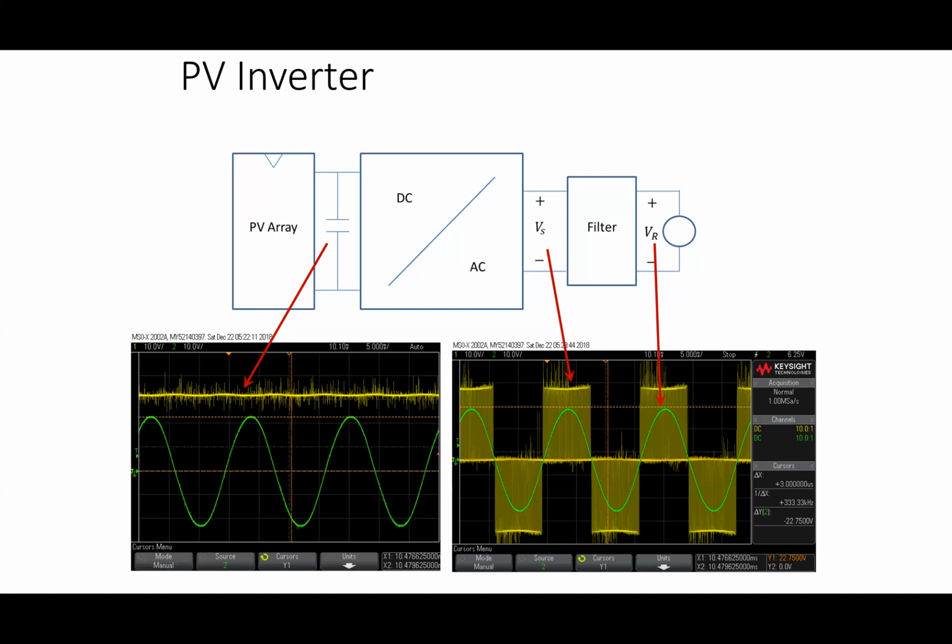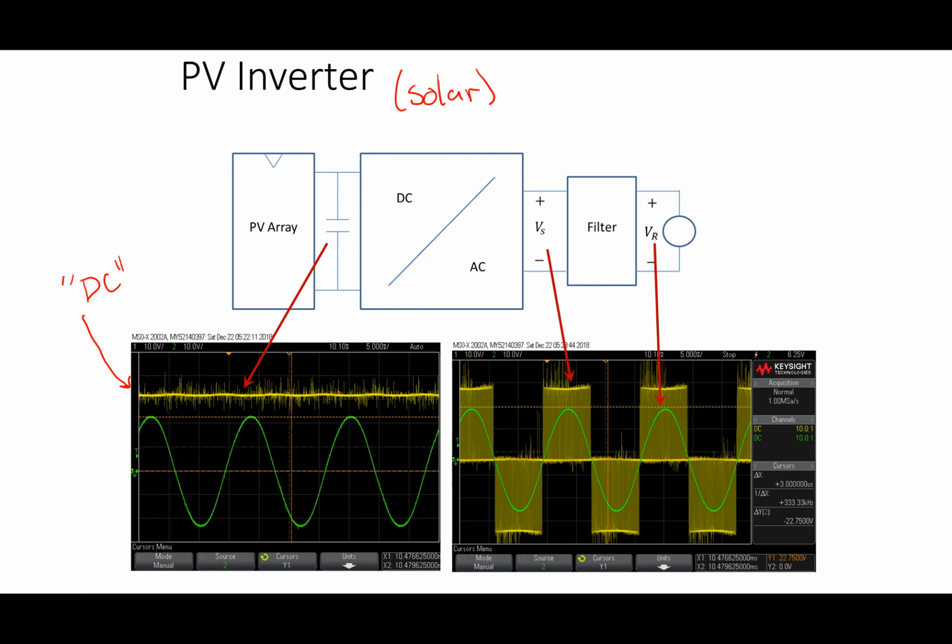In the case of power, this is an example I gave: a photovoltaic array. This is solar, right? The type of circuit you deal with is an inverter. It goes from DC and converts it to AC. If you look at this one, it's not quite constant, but it's sort of DC. That yellow waveform is the voltage at the output of that PV array.